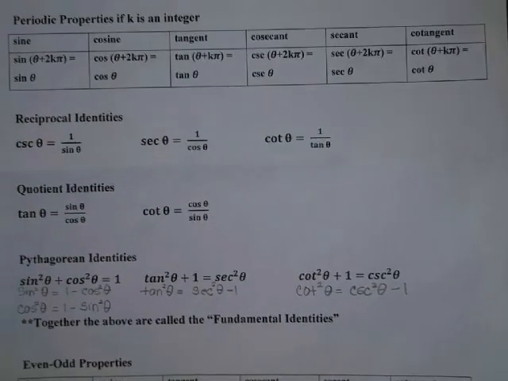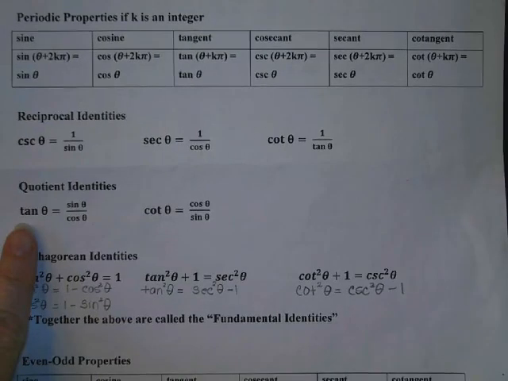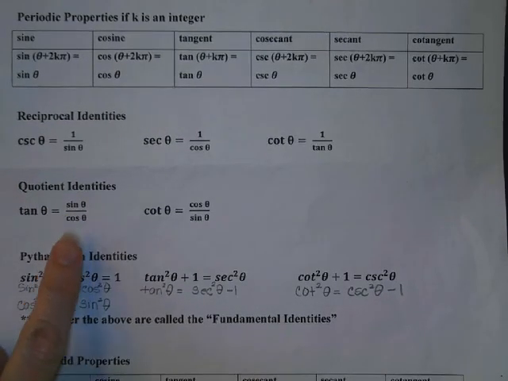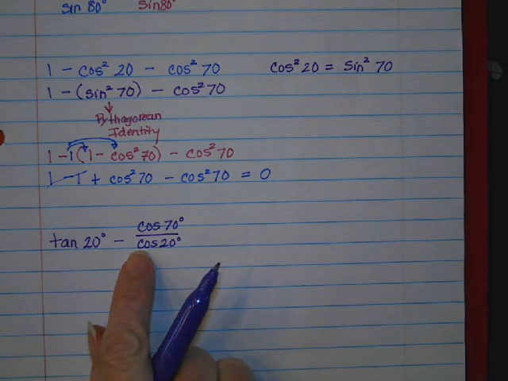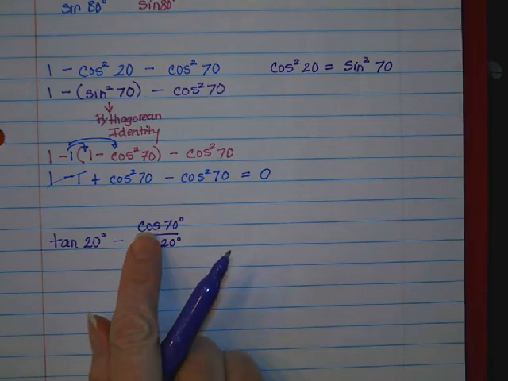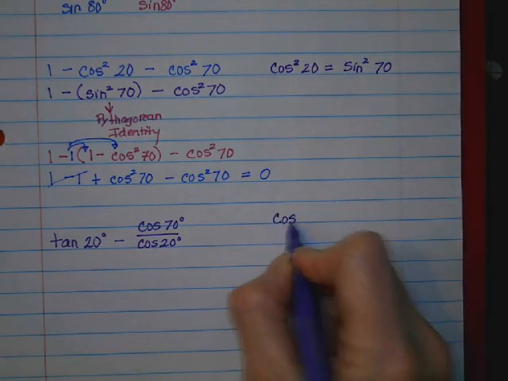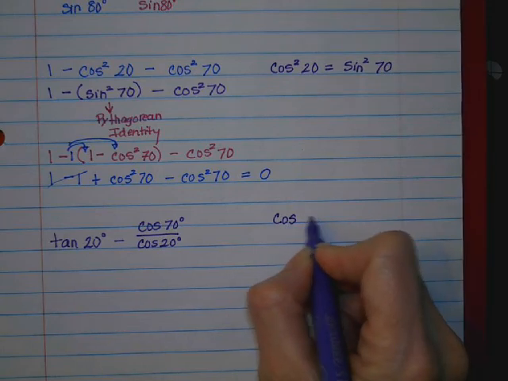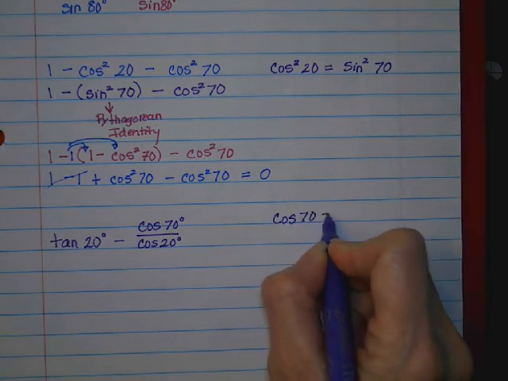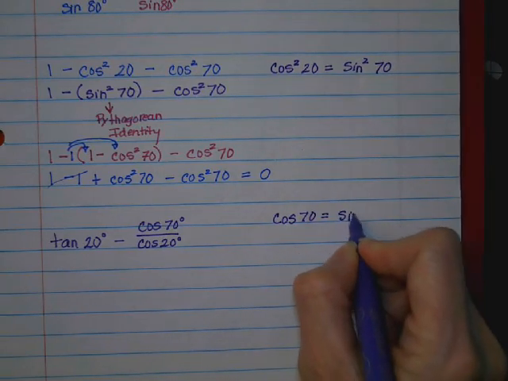Remember, the tangent of theta is the same thing as the sine over the cosine. Currently we have cos over cos, so we need to change this cosine to the sine. Using the complementary angle identities, the cosine of 70 is equal to the sine of 20.